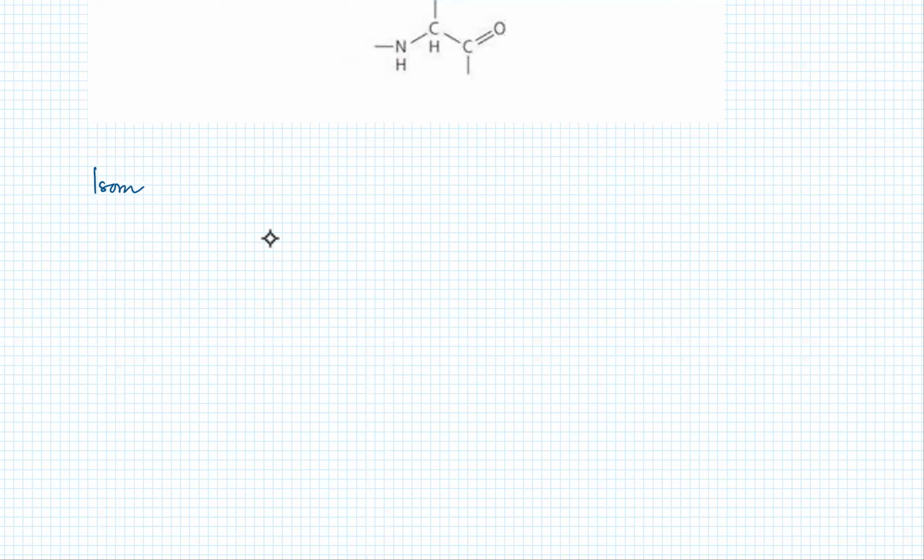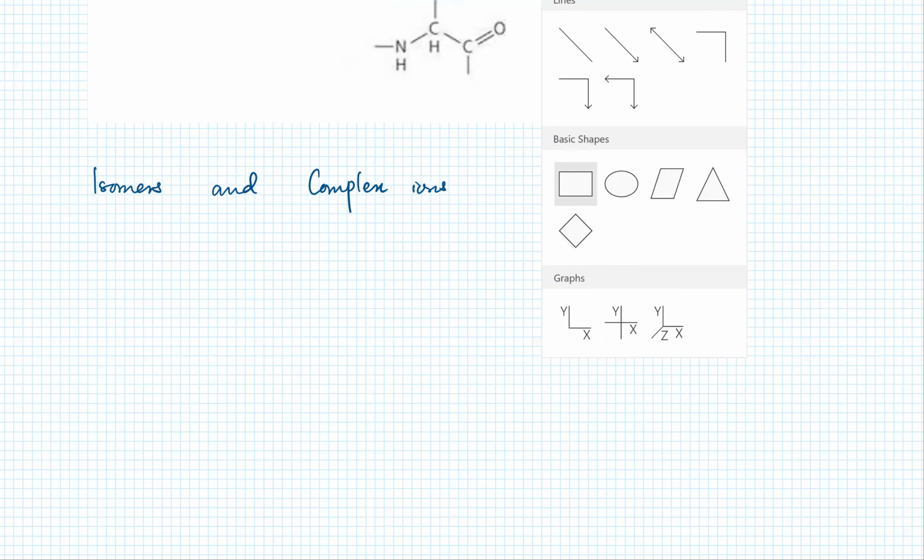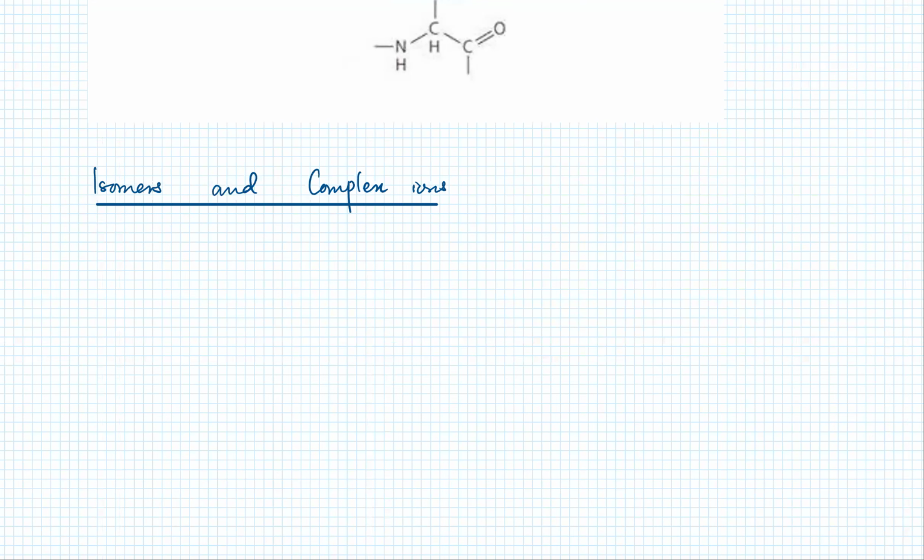So you've got isomers and complex ions. Now the isomers are kind of the same as the isomers in organic chemistry: you're going to have cis-trans isomers over here as well. The first one is known as geometric isomers.